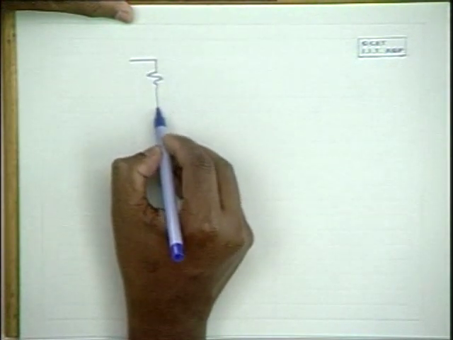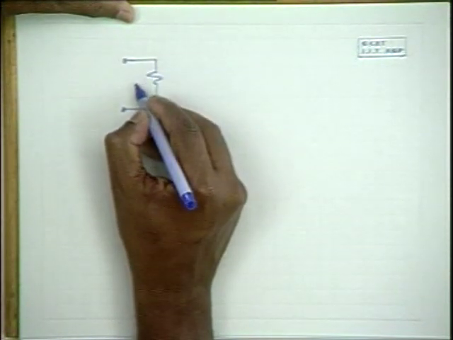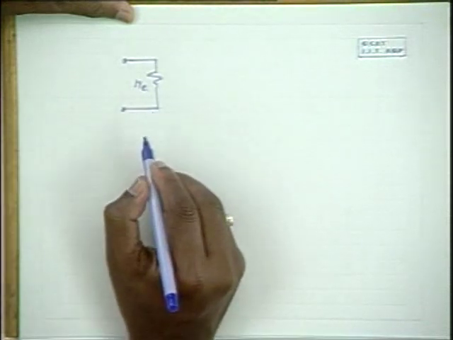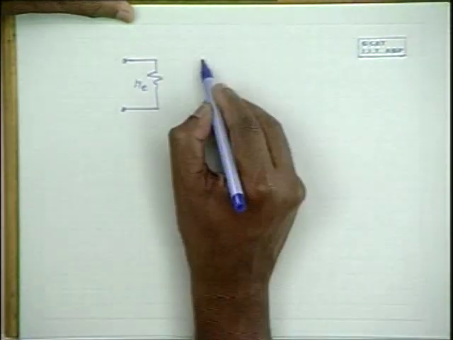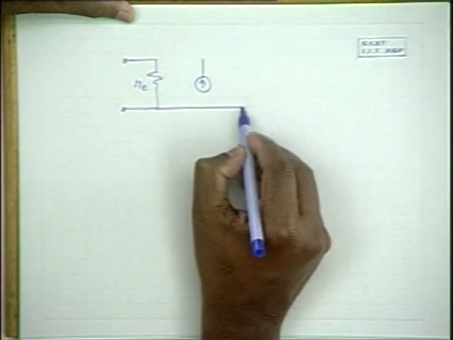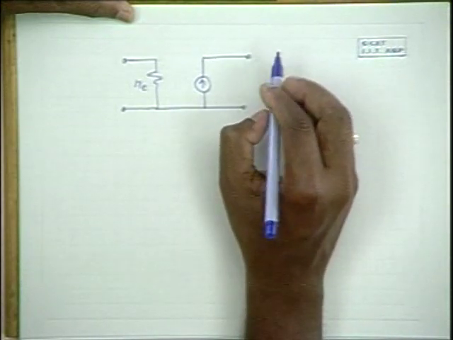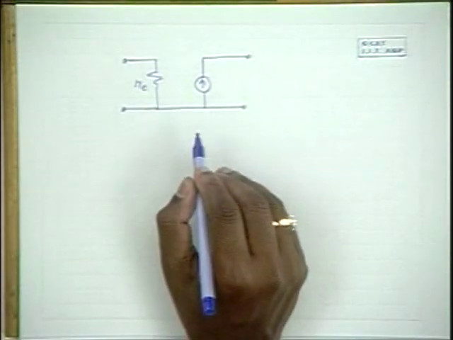As far as the input is concerned, it is a resistance whose value is equal to Re, and an expression for Re is given, and the output side is a current controlled current source. So this is the model.